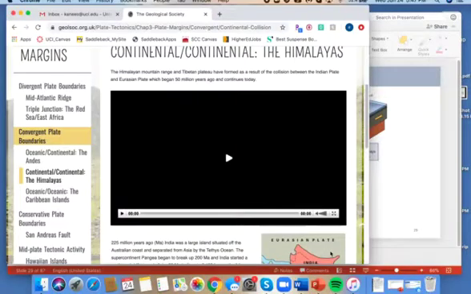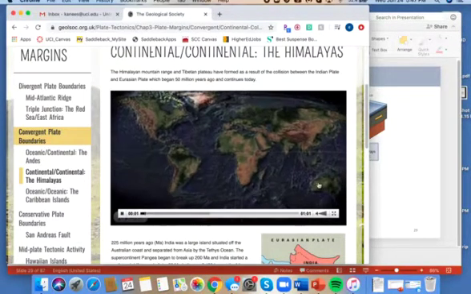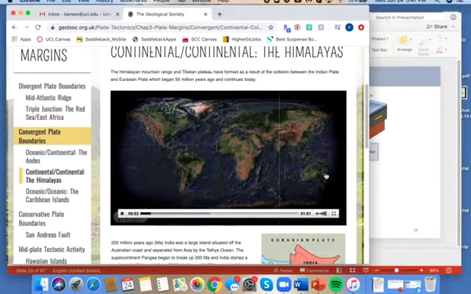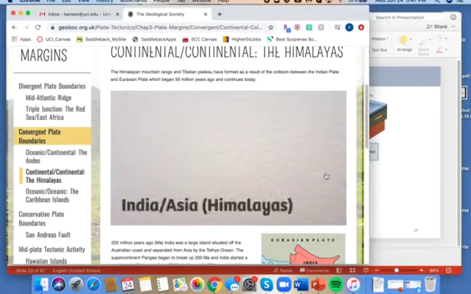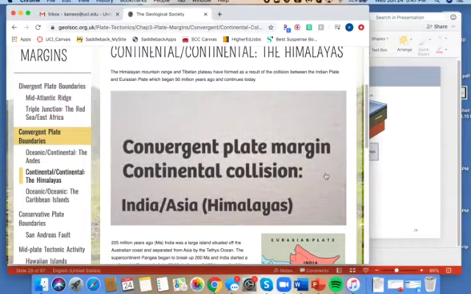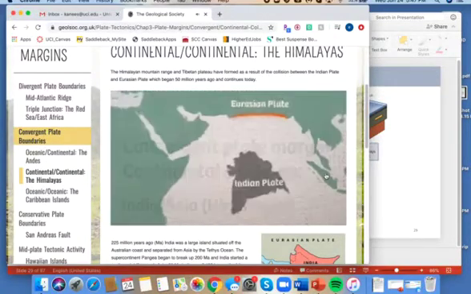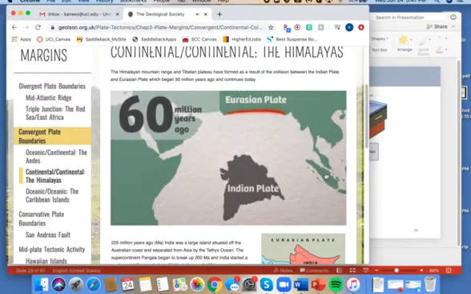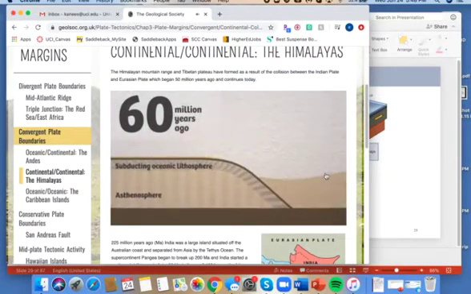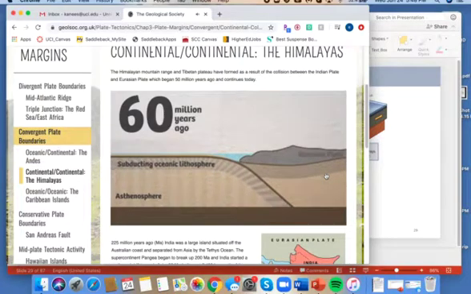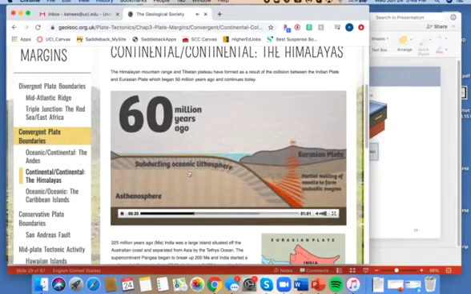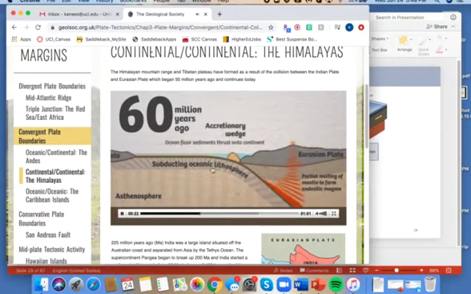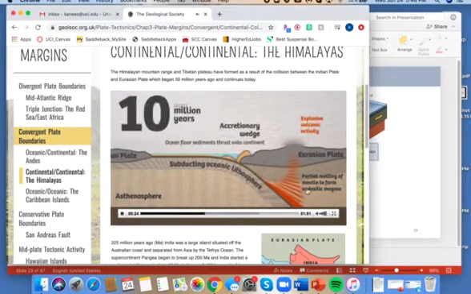I want to show you the video of the continental to continental collision. It's not a video, it's a cartoon video. So here you can see we're using the Himalayas as an example. So the Indian plate was moving up towards the Eurasian plate. It still is, actually. So the oceanic lithosphere is subducting down. This is first an oceanic to continental convergent boundary.